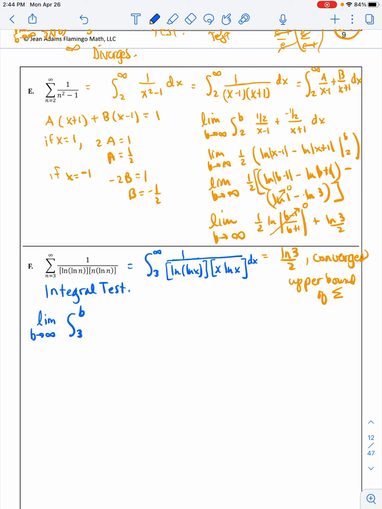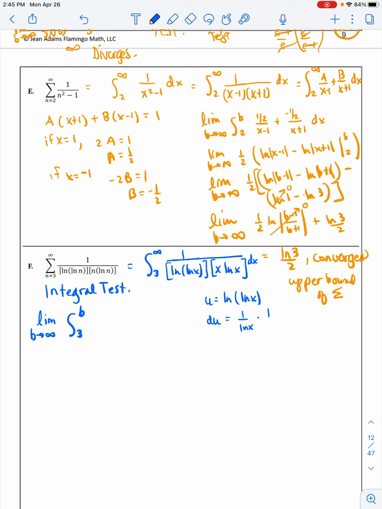So we'll change this to the limit as b goes to infinity of the integral from 3 to b, and we're going to use u substitution, and our u is going to be ln of ln x.